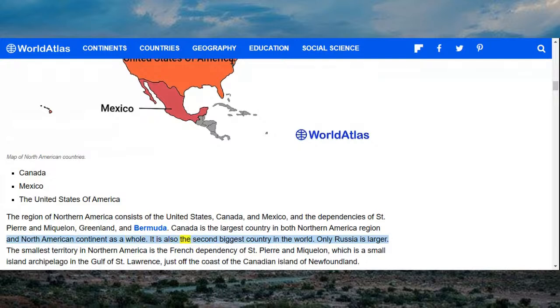It is also the second biggest country in the world. Only Russia is larger. The smallest territory in Northern America is the French dependency of St. Pierre and Miquelon, which is a small island archipelago in the Gulf of St. Lawrence, just off the coast of the Canadian island of Newfoundland.